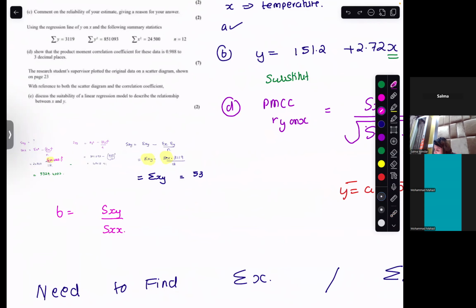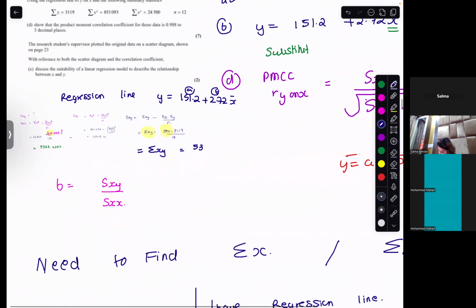Now I already have my regression line. My regression line was y is equal to 151.2 plus 2.72x, where this is a, this is b, correct? Now I will use my regression line and try to find out my sxy. I know the formula for b is sxy divided by sxx.